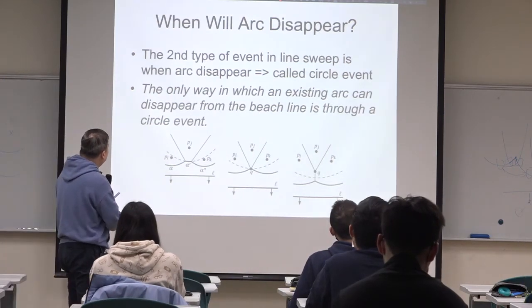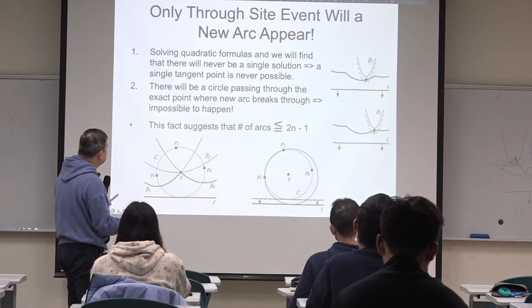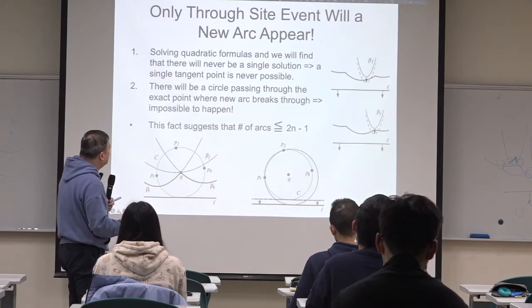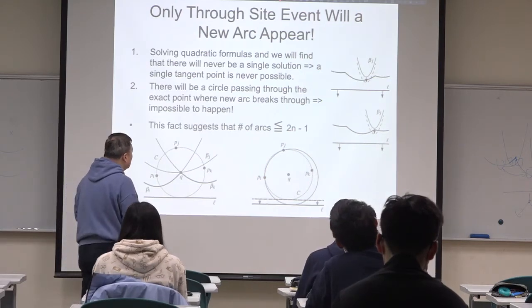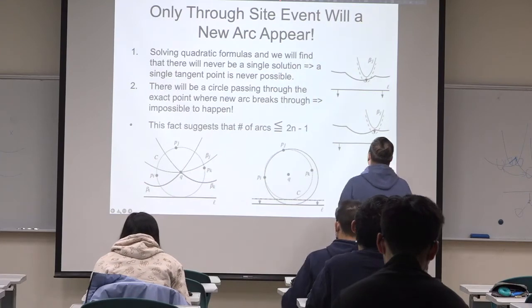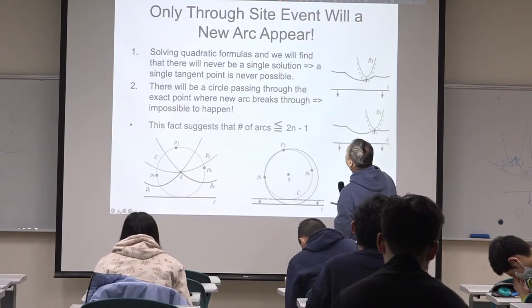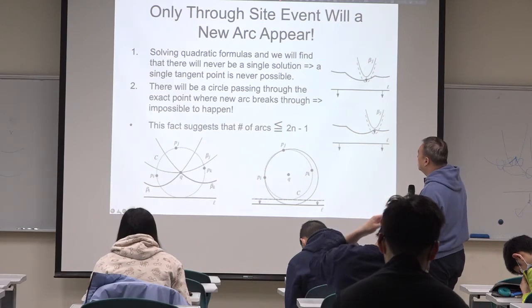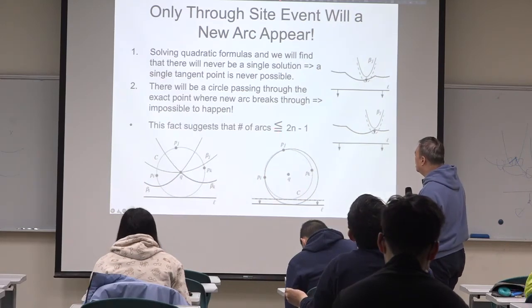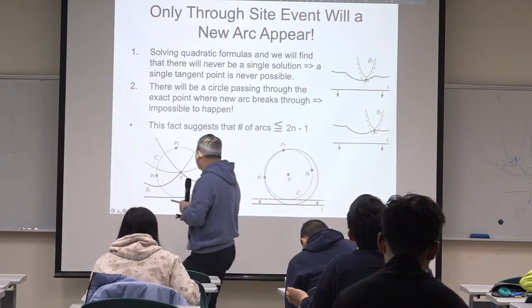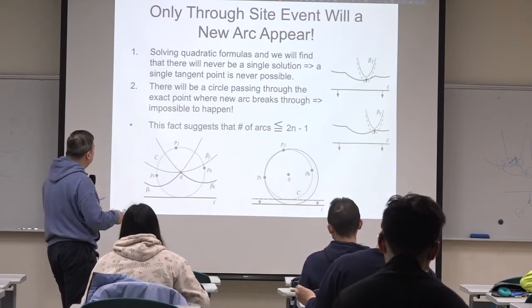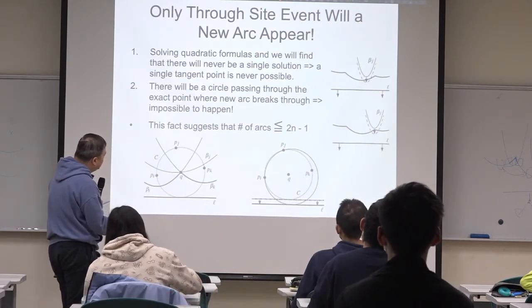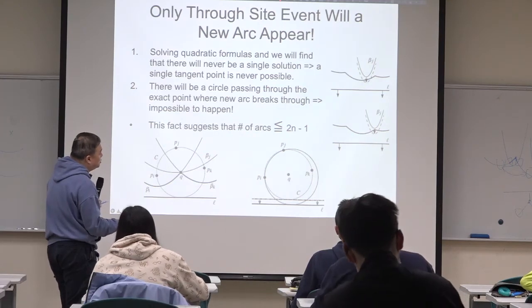By the way, I forgot to mention one thing. We also have this: the number of arcs in the parabola will be limited by 2n minus 1.